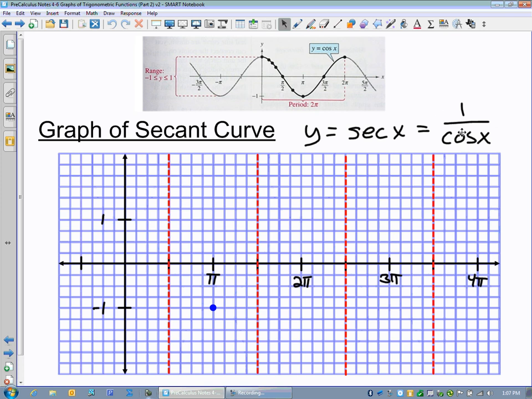So 1 divided by +1 is +1. 1 divided by -1 is -1. So I have those 2 points. And then notice when I get to 2 pi, I have the same thing I had at 0. So I'm going to go positive, negative, positive, negative, and finally positive.